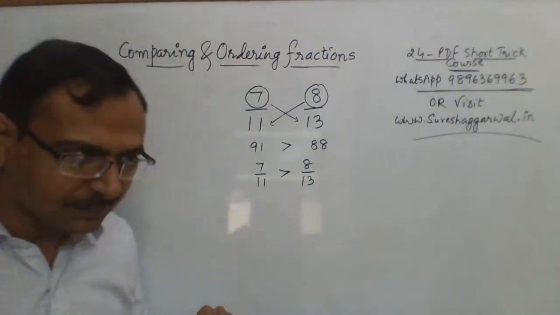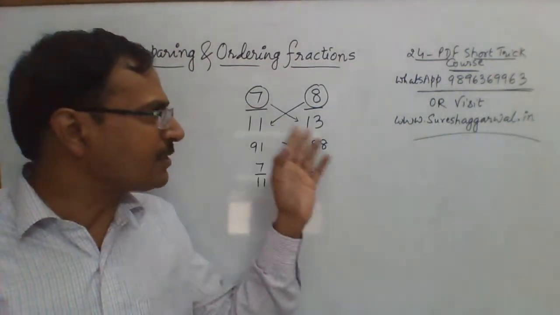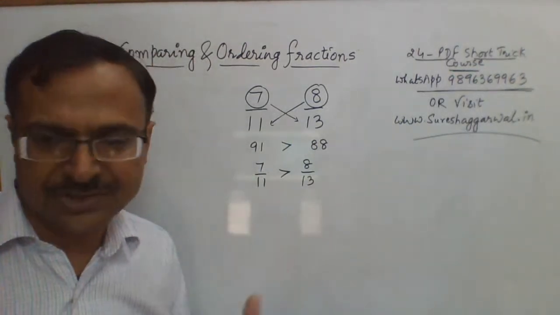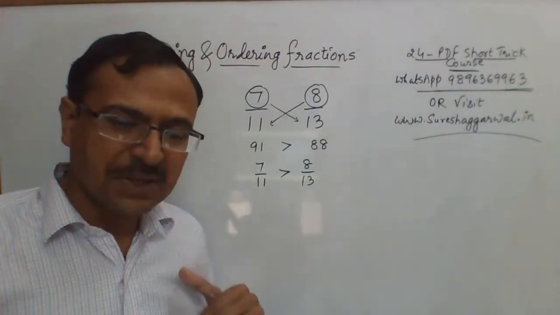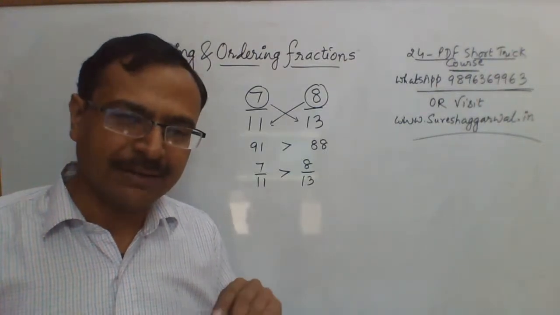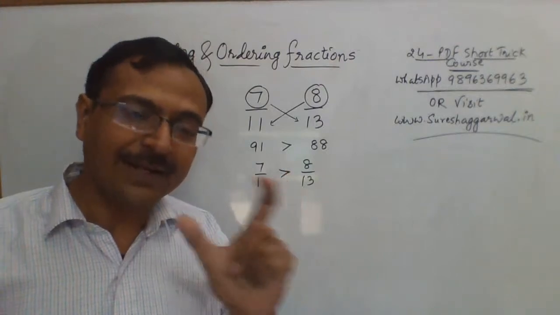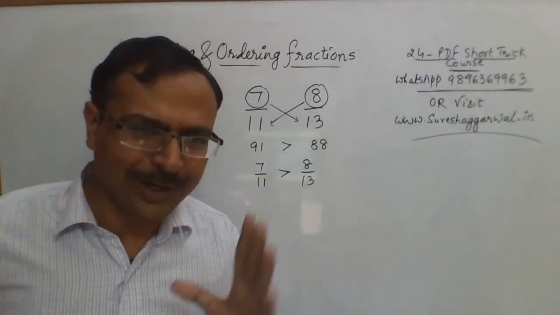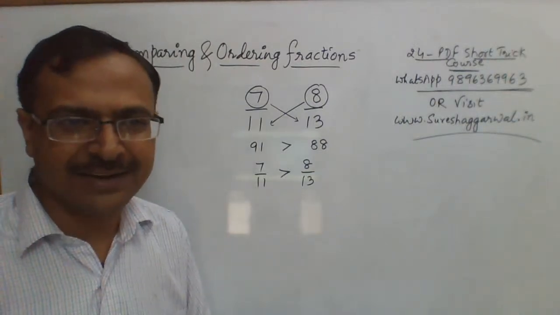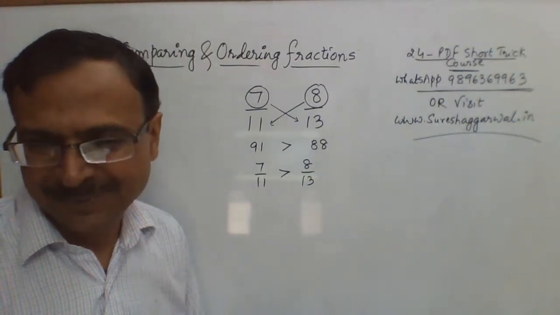The process of cross multiplying, and then finding the greater fraction is actually the process of finding the numerator after taking the LCM. If you can understand my statement, you know how to find the greater and the lesser fraction.